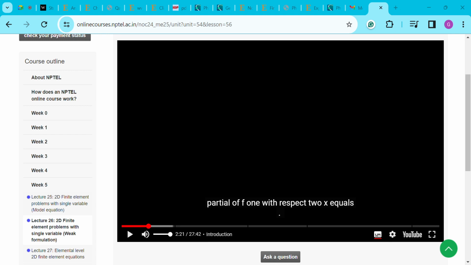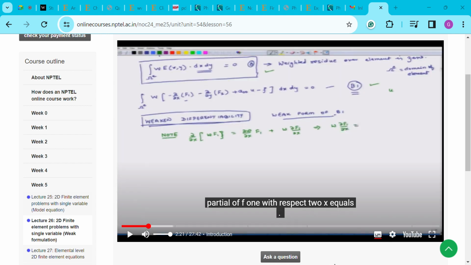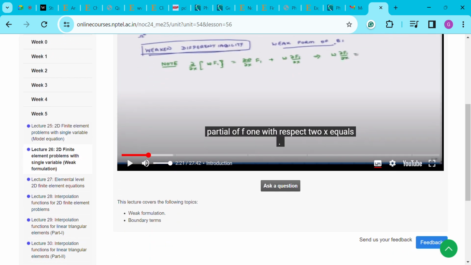Now, one last thing: while calculating the inverse of the matrix, like evaluating the constants, an additional 1 by 2 factor comes. For that, please open the lecture. Let me tell you the lecture number.